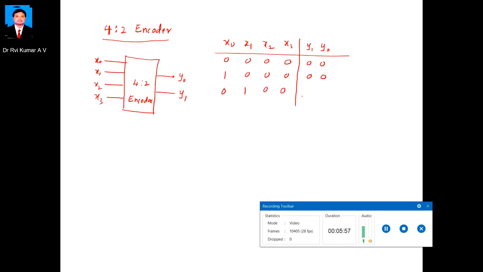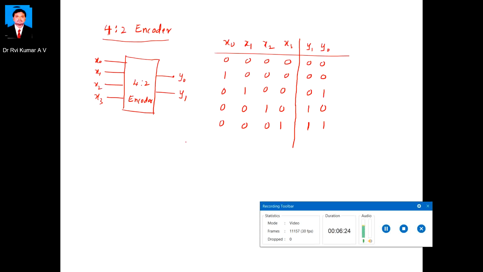It is encoded as 0 0. Similarly, x1 as 1 is encoded as 0 1. Similarly, next x2 is 1, so it will be 1 0. Next we have x3, which gives 1 1.